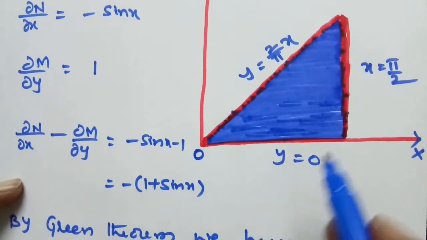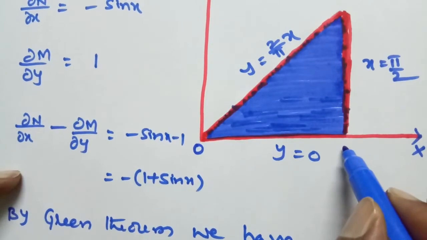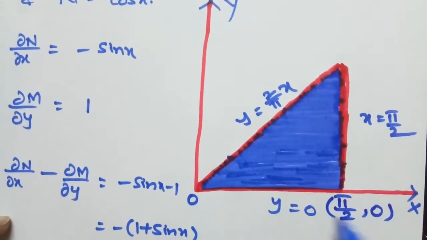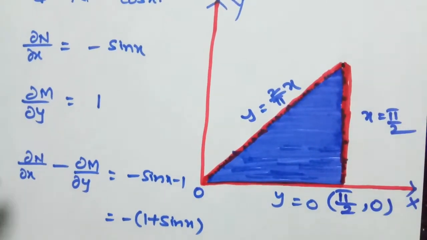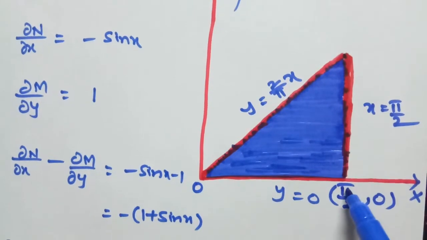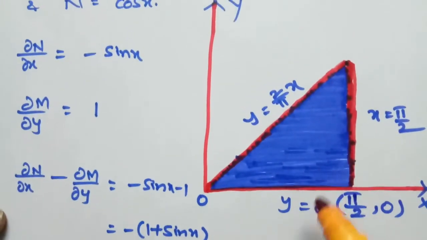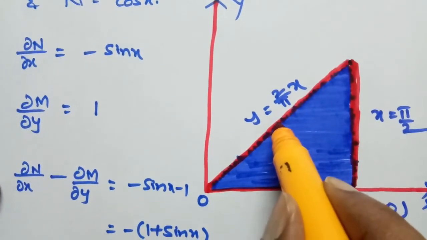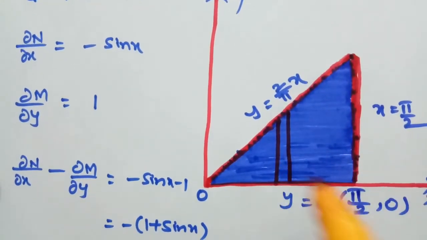This is O, origin, this is A, pi by 2 comma 0, since x equal to pi by 2, y is equal to 0. Therefore, to cover this region of integration, we are considering the vertical strip.